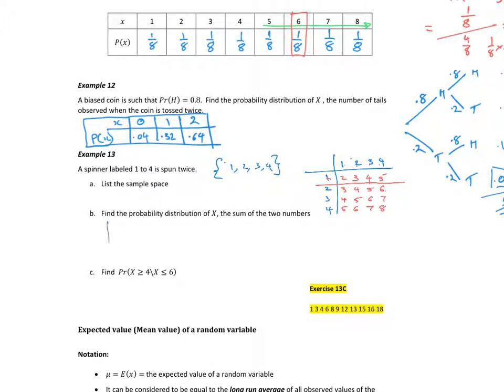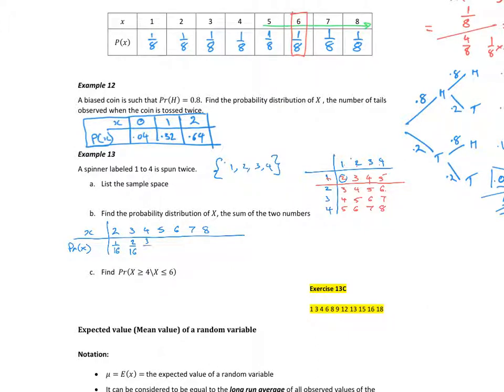So now my probability distribution looks like, well, what are the possibilities? I can get as low as 2 and as high as 8: 2, 3, 4, 5, 6, 7, 8. So that's X. The probability of getting X is, how many 2s are there? Well, there's only one. And there's 16 possibilities, so 1/16. How many 3s? There's 2. How many 4s?